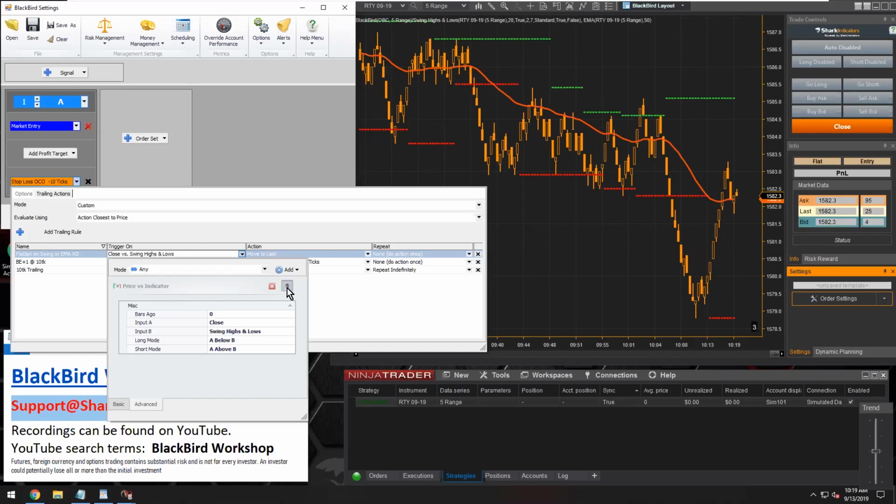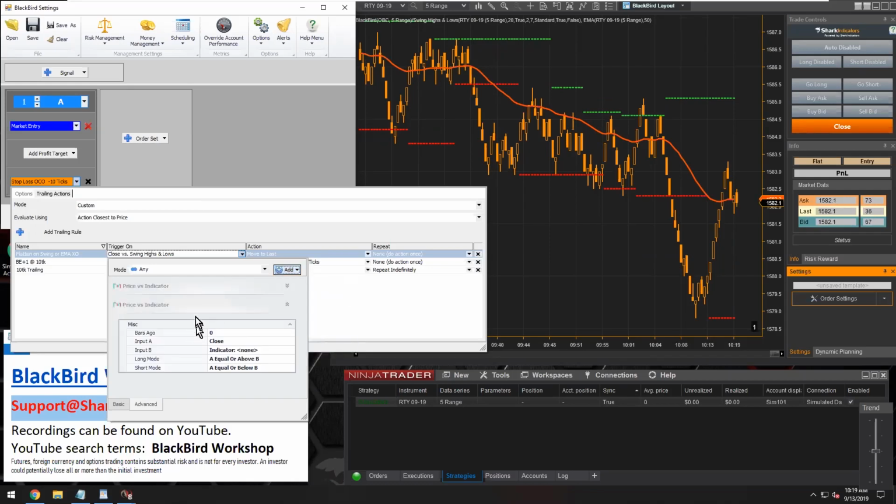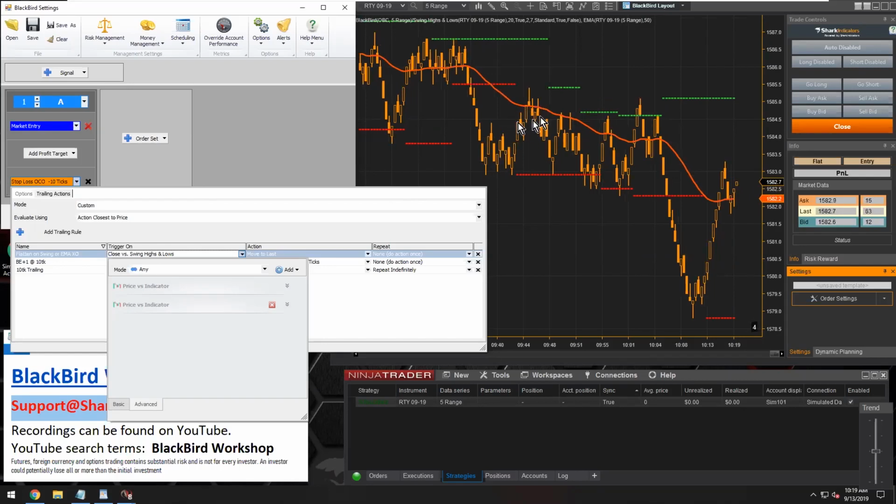All right, so to wrap this up, let's build the other trigger condition for the EMA50. We're going to add another price versus indicator. The same situation would be true here: if price is below that EMA50 when you take a long trade, then this trailing rule is going to close out that trade instantly.